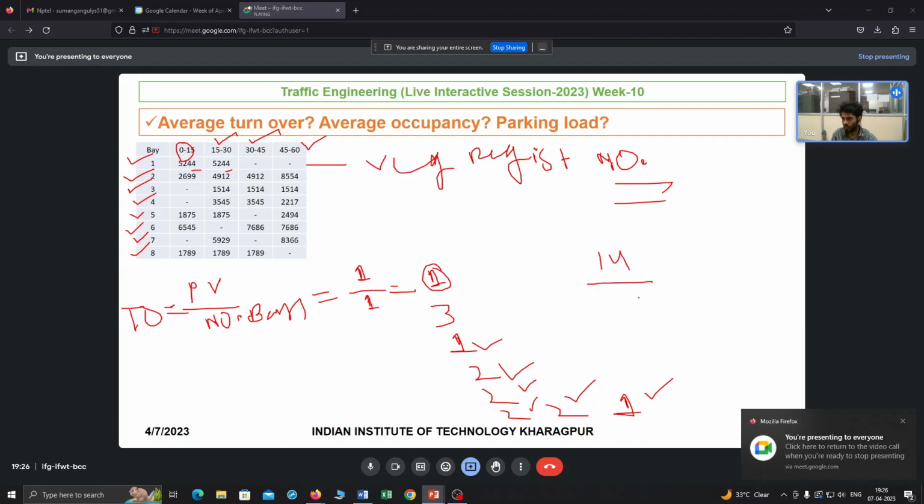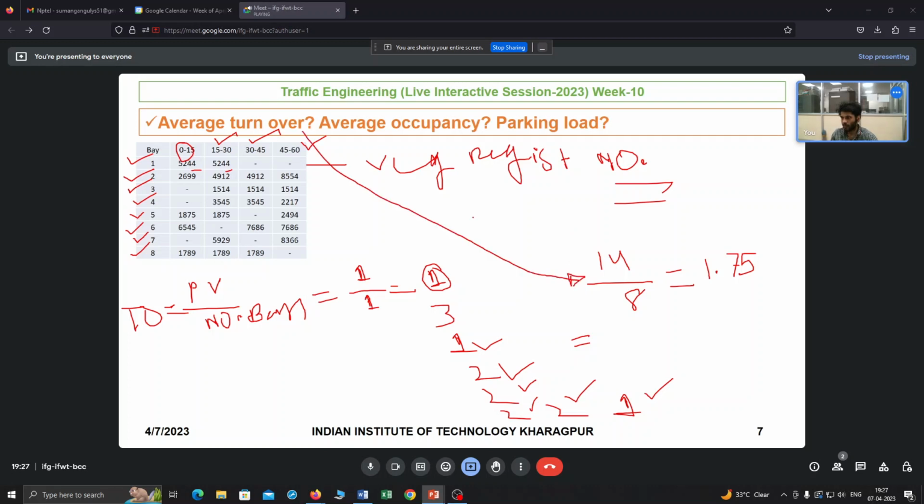So 14 in total, divided by the number of bays. This is the average turnover: 14 by 8, which is 1.75. This is the answer for parking turnover. Okay, so average occupancy.